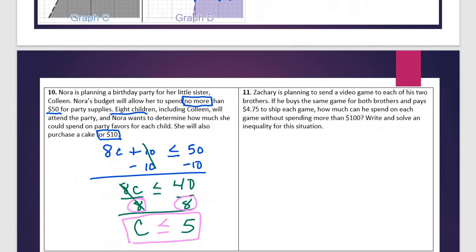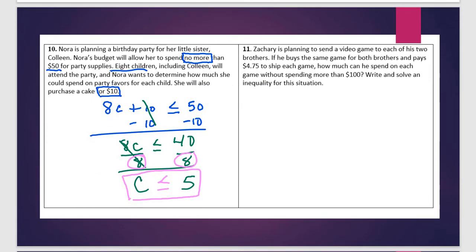Look at this next one. Look at number 11. Zachary is planning on sending a video game to each of his 2 brothers. If he buys the same game for both brothers and pays $4.75 to ship each game, how much can he spend on each game without spending more than $100? Write the inequality for this situation. So that is the most that he can spend.